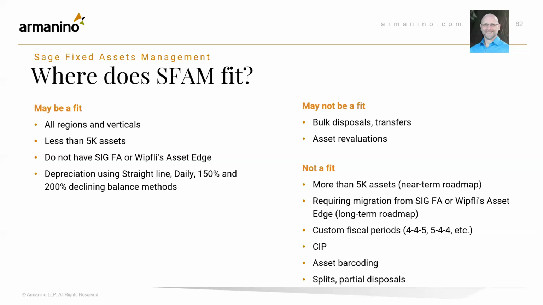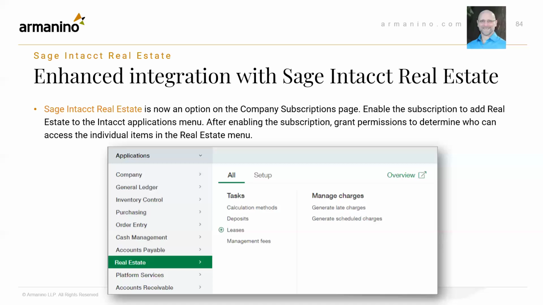So the way I look at this is kind of like the first release, and they're going to be eventually replacing the SIG Fixed Assets 1 module, and they're going to be incorporating all of that functionality down the road. When that's going to be, can't tell you yet, but it is pretty cool that it's going to be a native module.